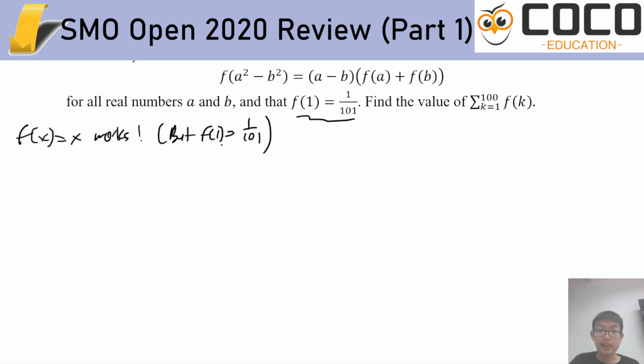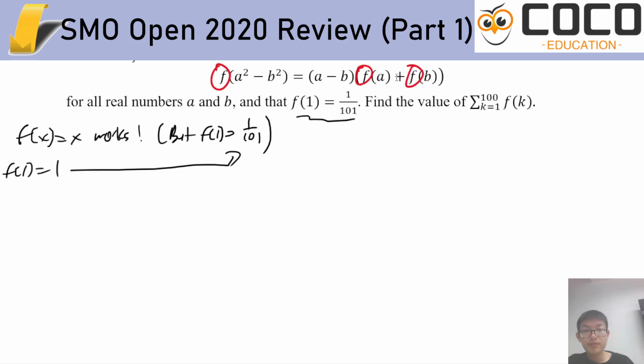Now, what I mean by adjust it, now, if I use f(x) equals to x, f(1) is 1. So you should try to adjust it to here via either adjusting by addition, subtraction, multiplication, or division. Now, I definitely cannot just make the function subtract a random number. However, because f appears on both sides, like this, if I were to scale it up or down, it will still satisfy this equation.